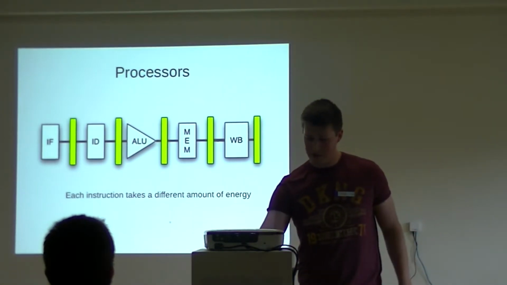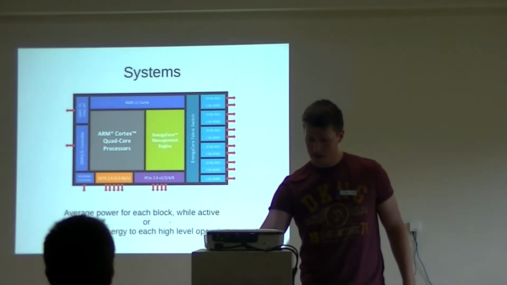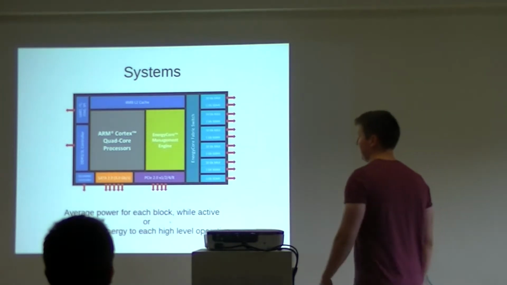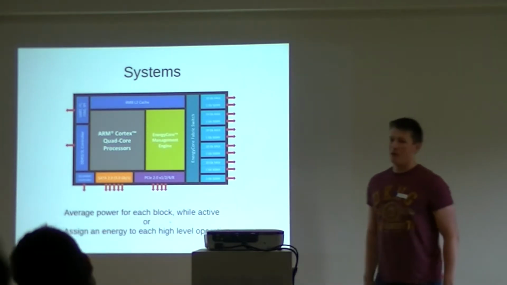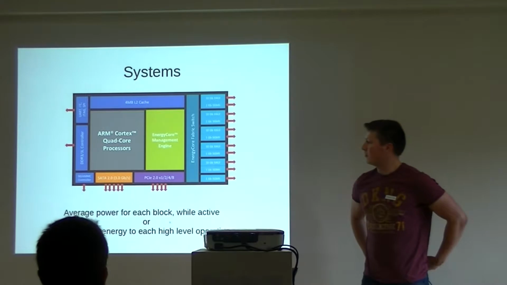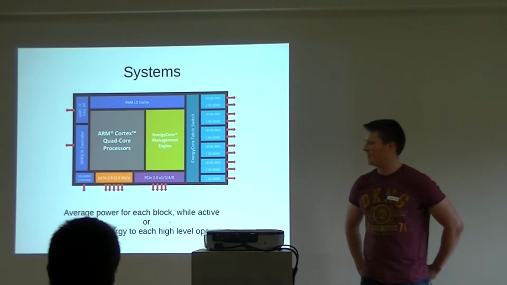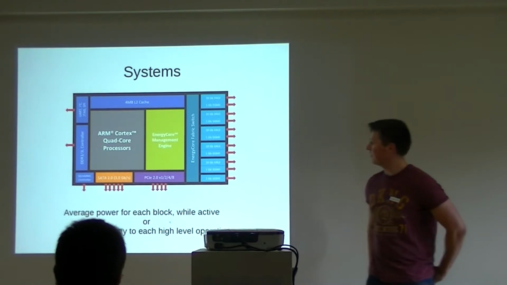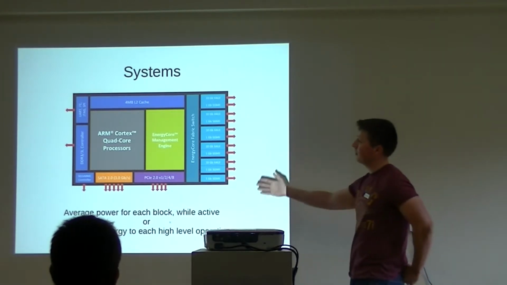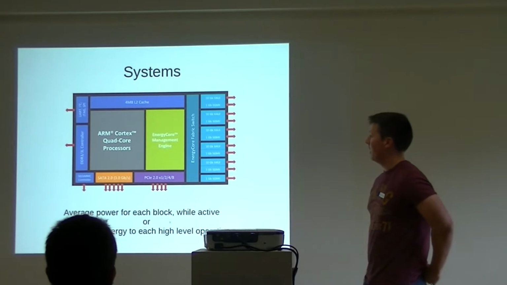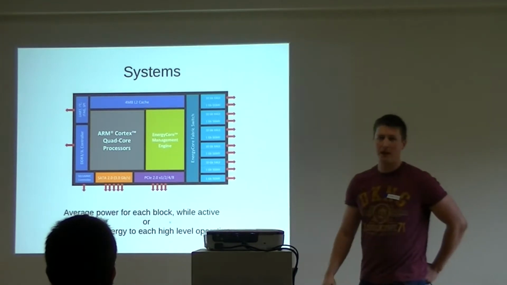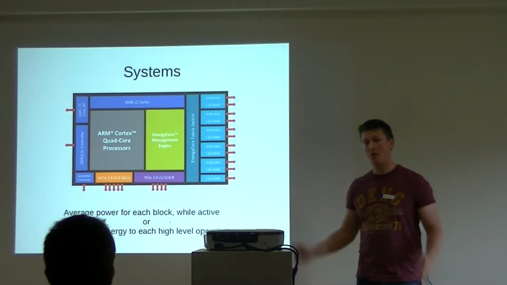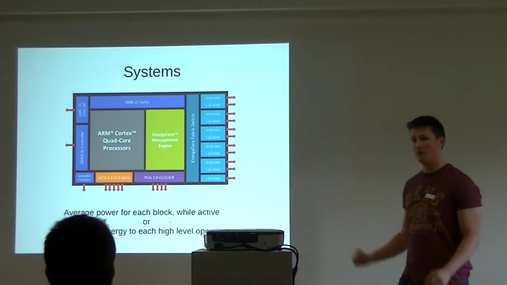If we go even further up, you see we've now got a system, and we're so far away from the transistor level of each transistor having a certain resistance and capacitance that it's very, very difficult to model on that level. So for example, one way of thinking about this is I've got a SPI hardware block. I can do one communication with that, and it will take me X amount of joules.